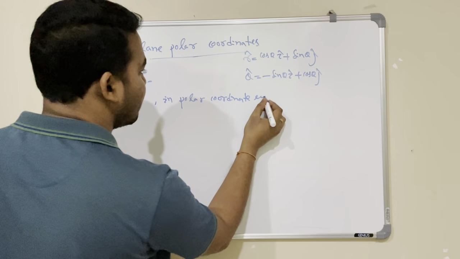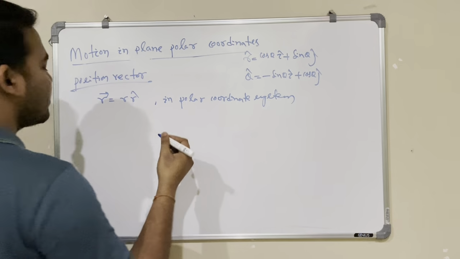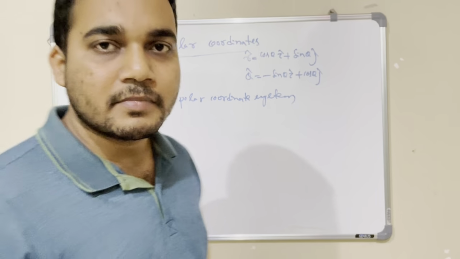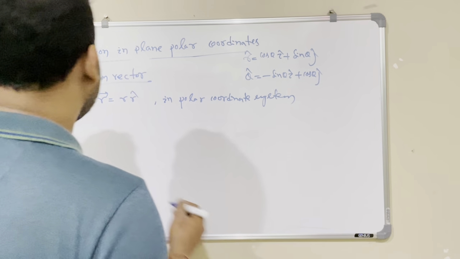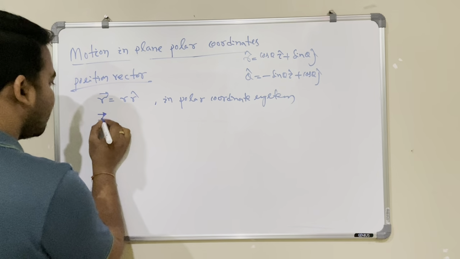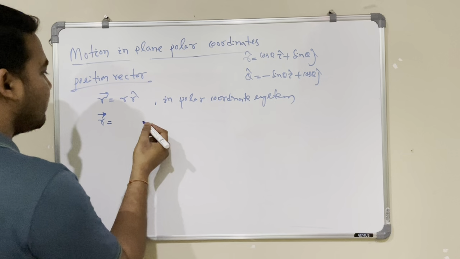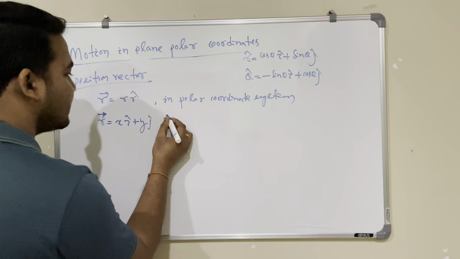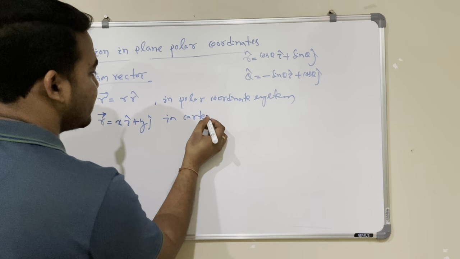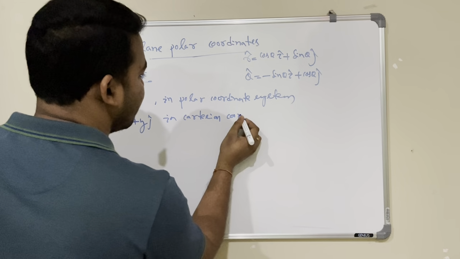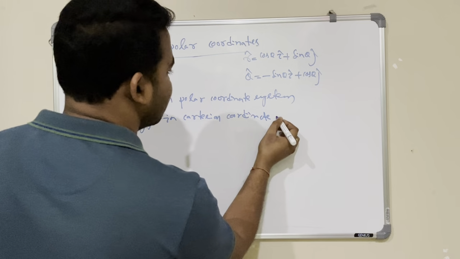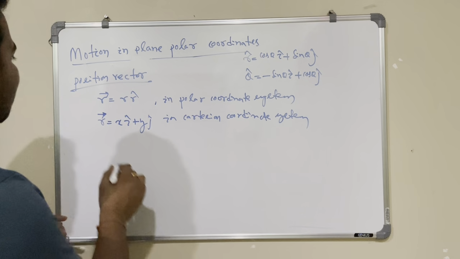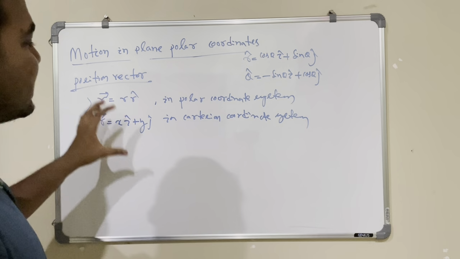So what is the expression for position vector in Cartesian coordinate system? For a two-dimensional space, this is x i cap plus y j cap. This is in Cartesian coordinate system. So you can compare that these two things are the same.